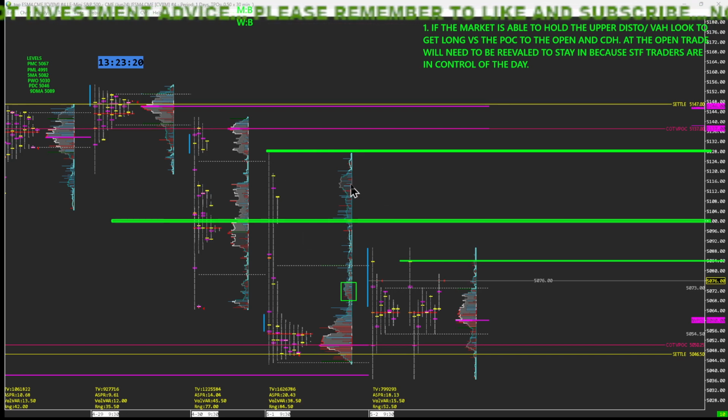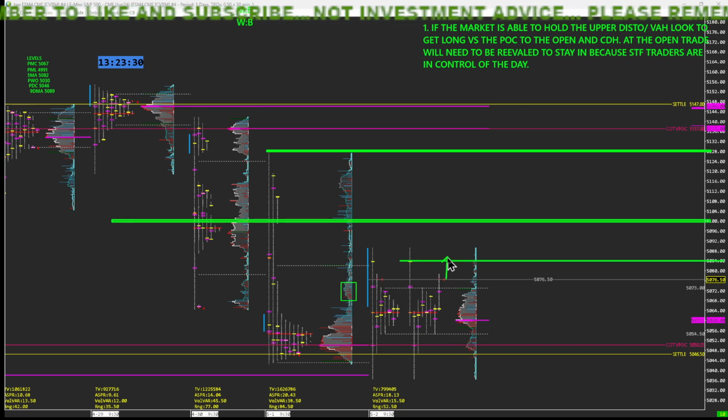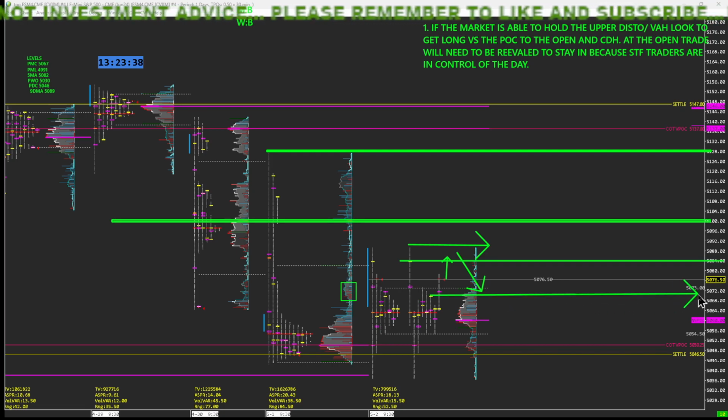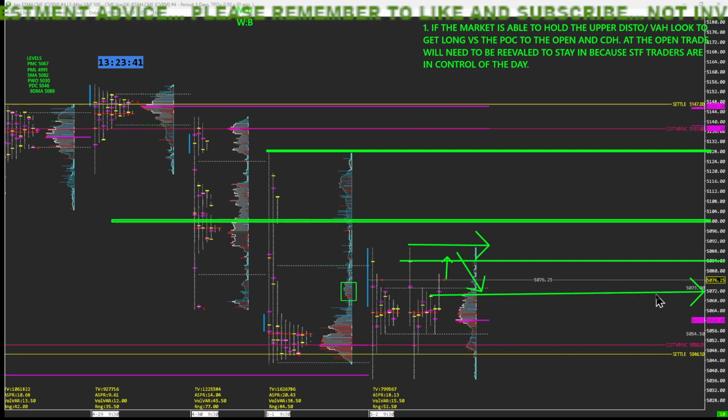They're protected up here, so they're not too worried about it. So what I'd like to see is if we can get up to the open and we just stop on a dime on the open, or if we get up above the open and fail and can't take that open, well, then I'd like to fade back down to this ledge, right? I'd like to fade back down to see if we get acceptance and look for that possibility of a trade back inside the previous day's range.